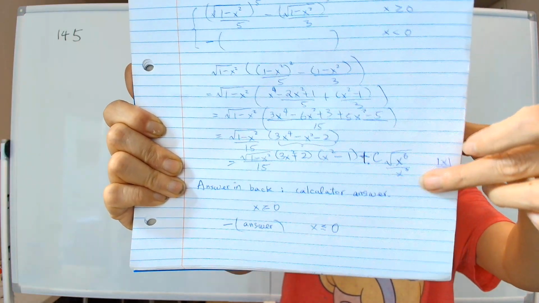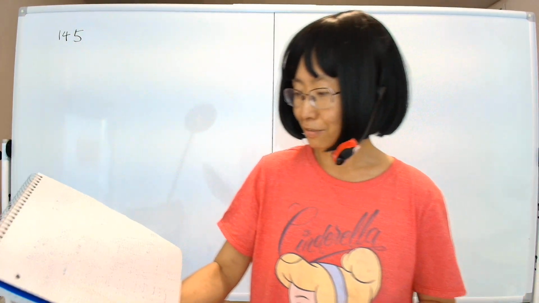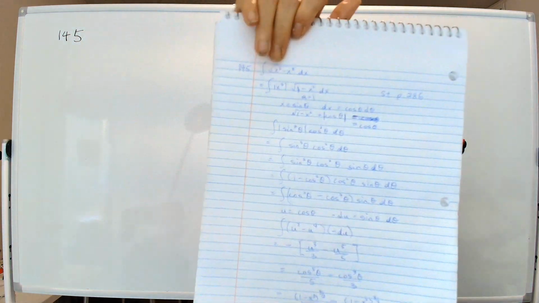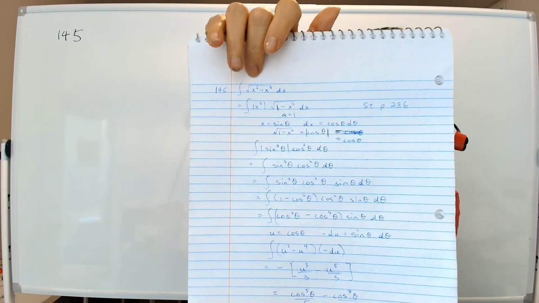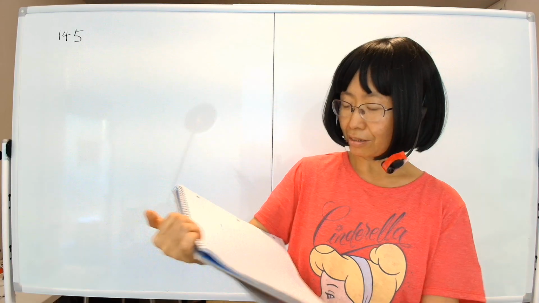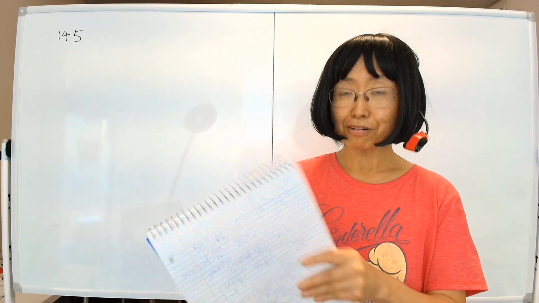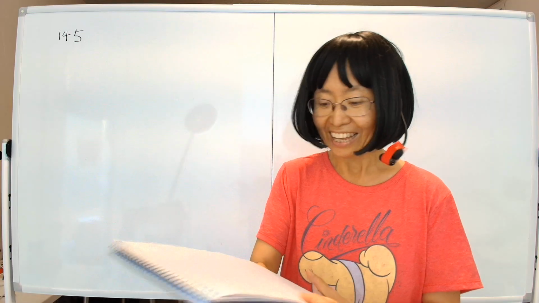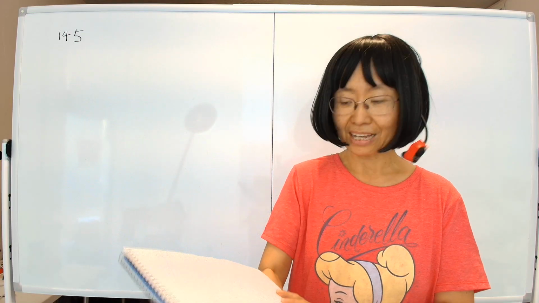Okay, why did they do that? The reason is because if you plug the original problem here, which is just this integral, into the Wolfram calculator, it will come out with the exact answer that the book showed. Okay, and if you typed it in, that's why they have that.